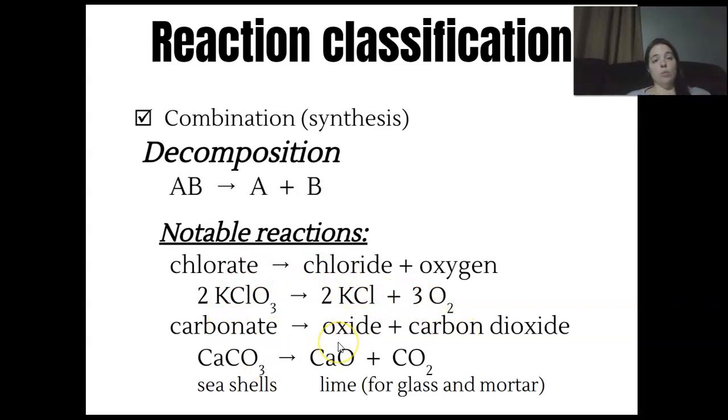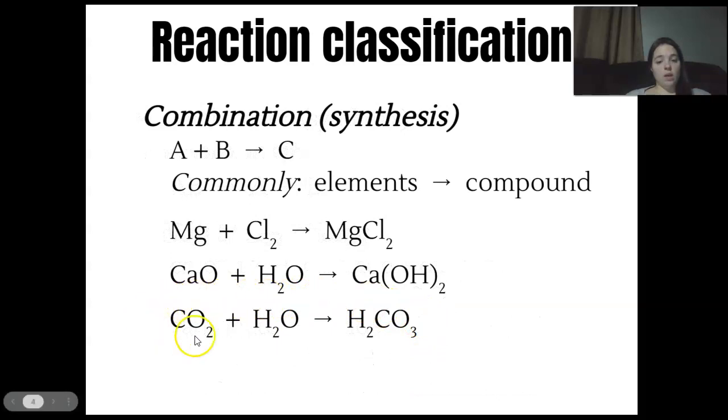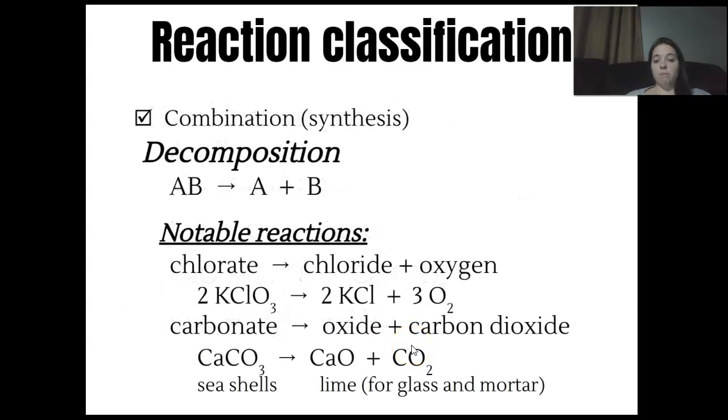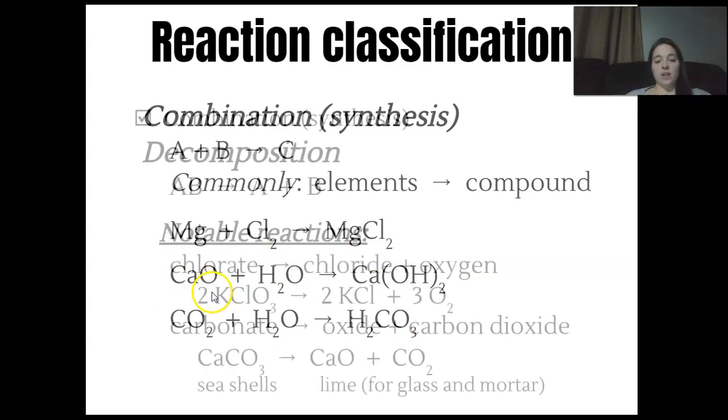This is most seen in seashells, creating lime for glass and mortar. All right, so you've got the calcium carbonate going to calcium oxide and carbon dioxide, which, if I switch back right here, look at that. It's very close to that. Oh, sorry. The middle one right there. Very, very close to that.